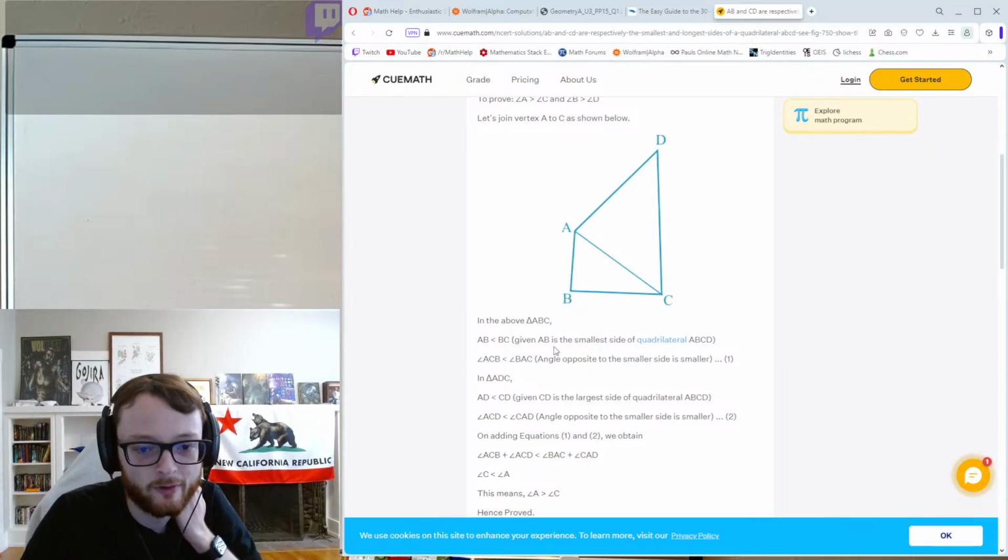I mean, this problem breaks it down into triangles also, and uses this angle side length relationship.